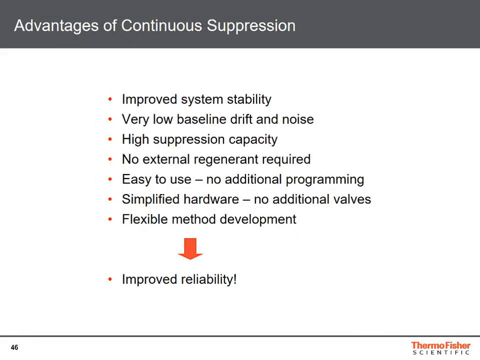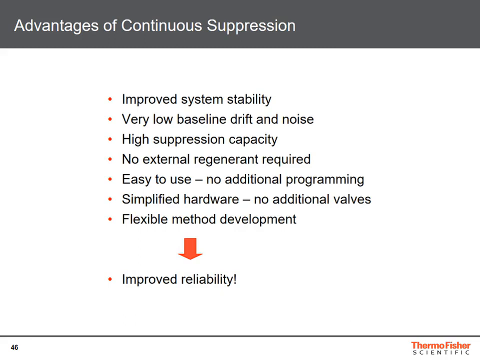This slide summarizes the advantages of continuously regenerated suppressor systems. In general, we observe an improved system stability, very low baseline drift and noise, and especially membrane-based suppressor systems exhibit a very high suppression capacity, which is especially needed when running concentration gradients.